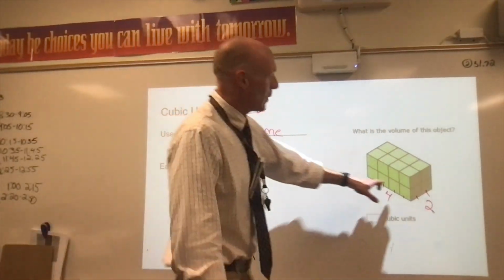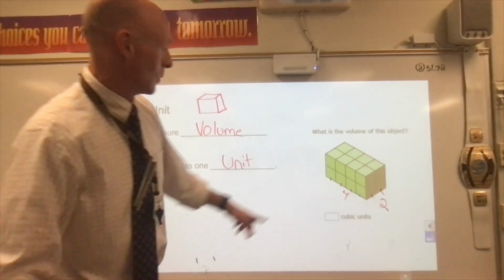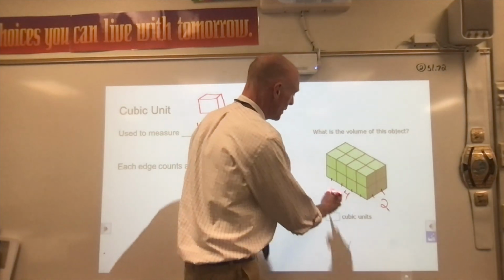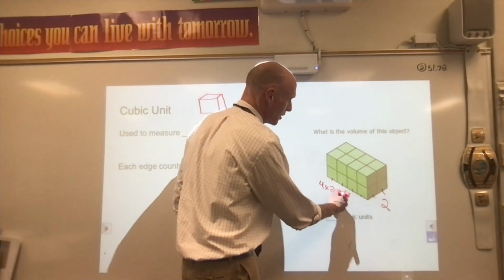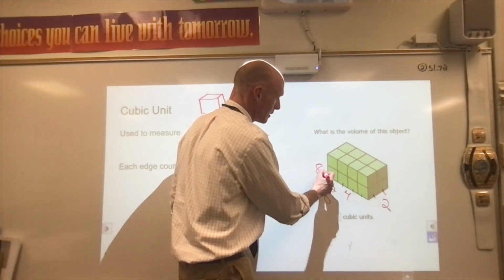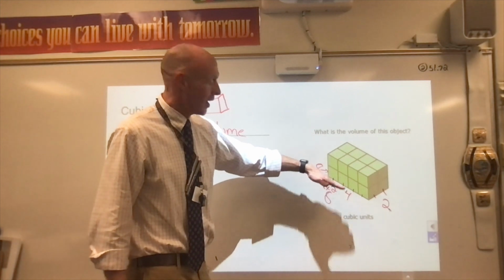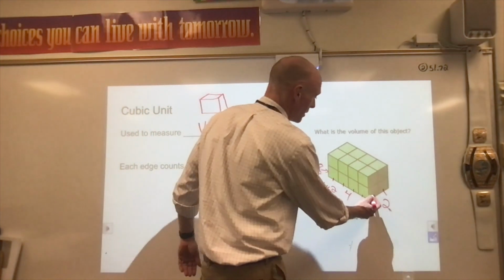Okay. So we know how many are on this bottom layer. We know that there's 4 and 2. So there's going to be 4 times 2. There's going to be 8 on this bottom layer. And how many layers are there? What's the height? 1, 2. 2 layers.